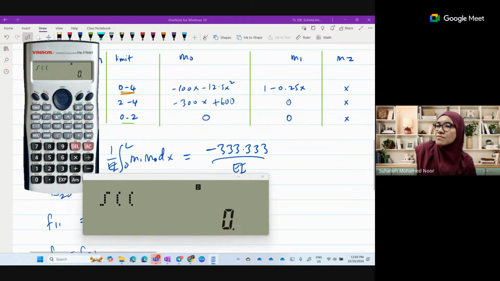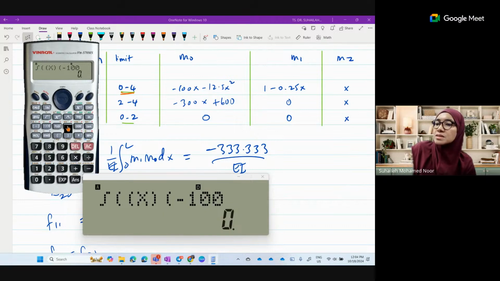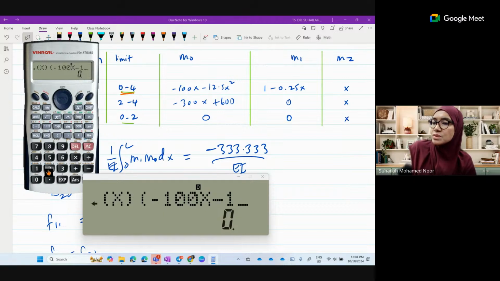The first one is X alpha X kali dengan negative 100 X minus 12.5 alpha X square, untuk kurungan. Okay, limit dia from 0 to 4.